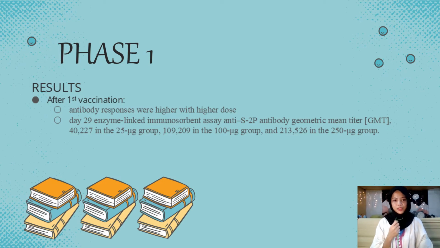For the phase 1 results, after the first vaccination, antibody responses were higher with higher dose. On day 29, the enzyme-linked immunosorbent assay anti-S2P antibody GMT was 40,227 in the 25 microgram group, 109,209 in the 100 microgram group, and 213,526 in the 250 microgram group.